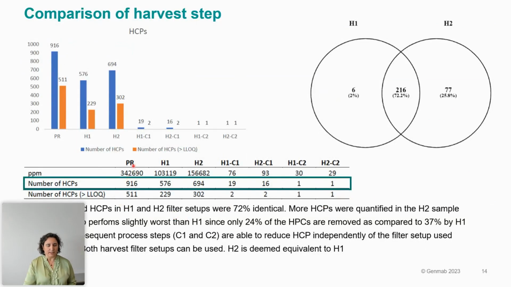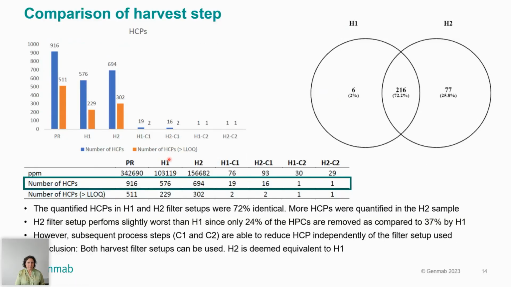If we look here at the sample prior to harvest, we of course have more proteins than at the harvest stage. So we had around 900 proteins, and using the standard three-stage filter, we had less than 600 proteins left, while when we used only the two-stage filter, we have about 700 proteins left.